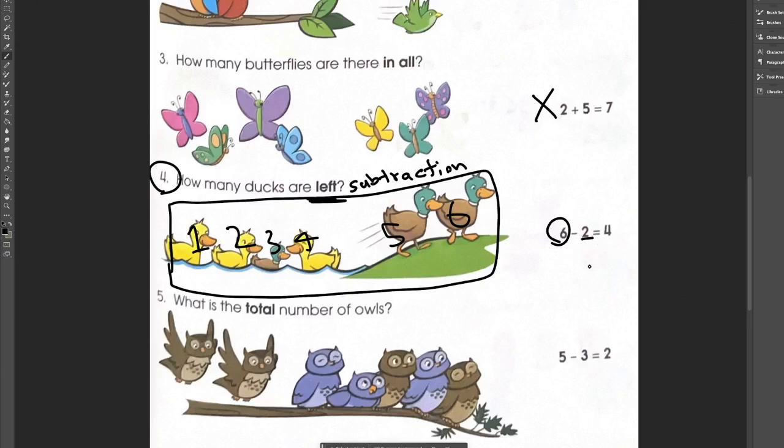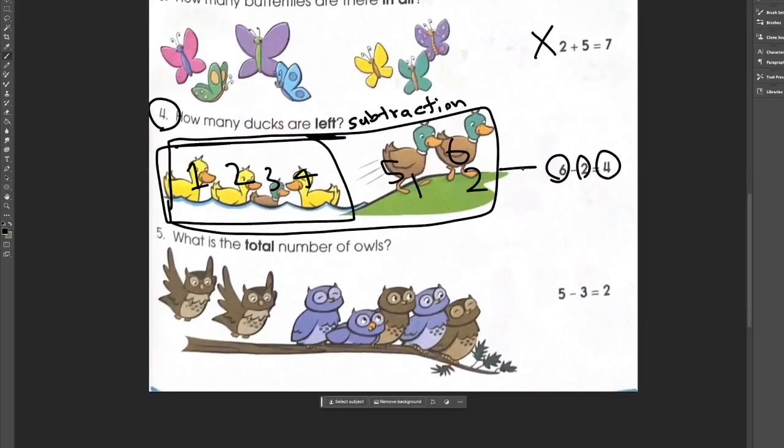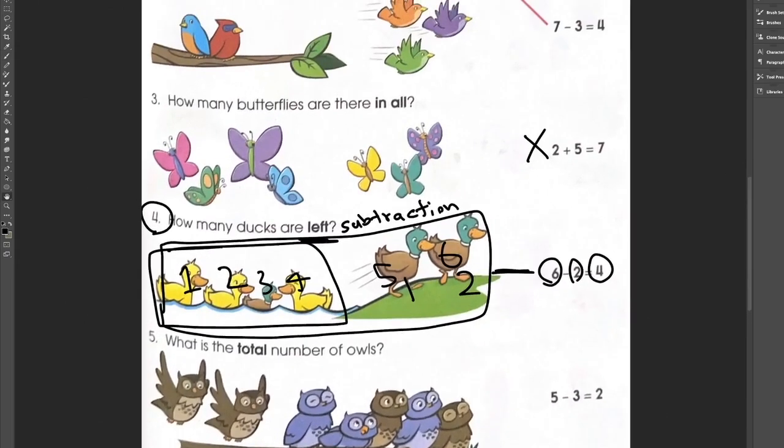The number to the right here, which is 2, says that 2 ducks are leaving. And if we check this picture, we see that 1 and 2 ducks are leaving, so this checks out. Finally, we have 4 ducks that are still left, and as we can see in this part of the picture, there are 4 ducks left, and therefore this is the matching number sentence.